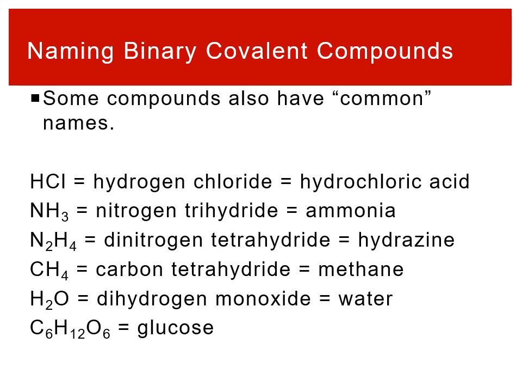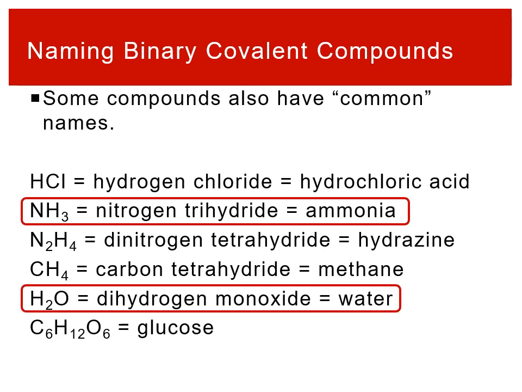N2H4, used in rocket fuel, is called hydrazine. H2O is the standard case. We would call that water. Dihydrogen monoxide would be technically correct, but would never be referred to as that. Water's just so common. Of all of these, there are two common names that you need to know: ammonia for NH3 and water for H2O. Those are the only ones I'm going to use, and I would expect you to know those common names.